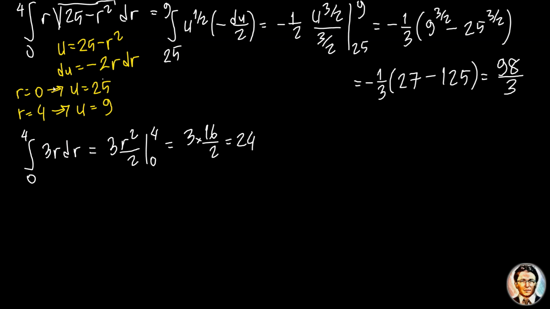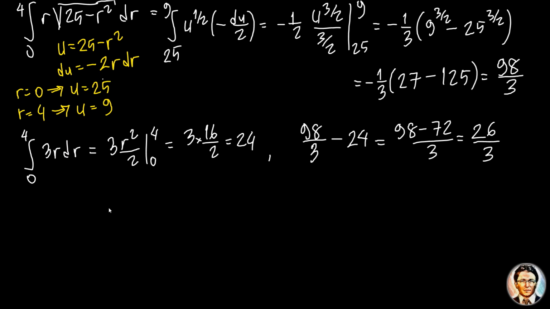So this integral minus this one will give us the second integral. The result of the integral is going to be 98 minus 72 over 3, which is 26 over 3.